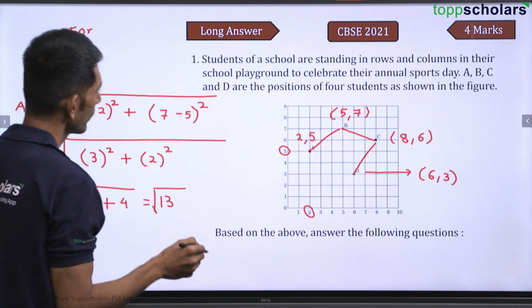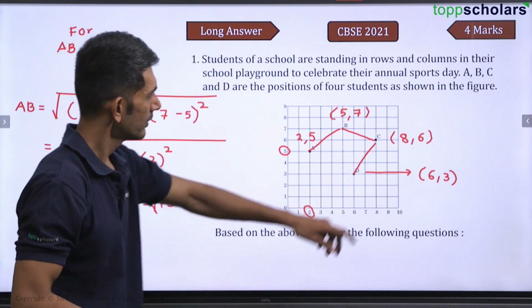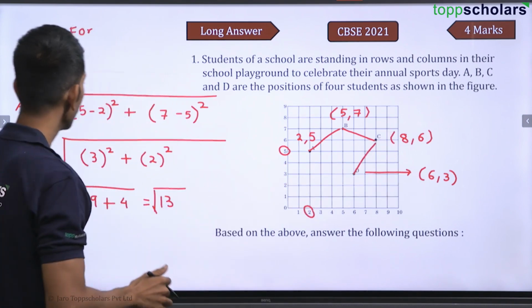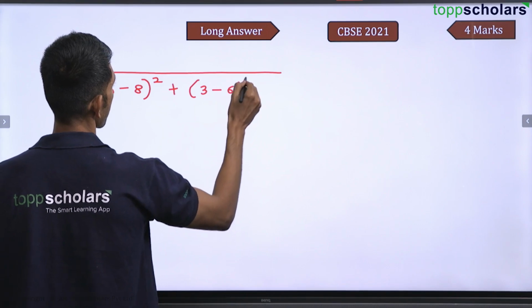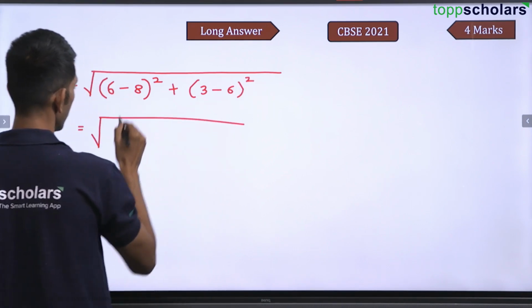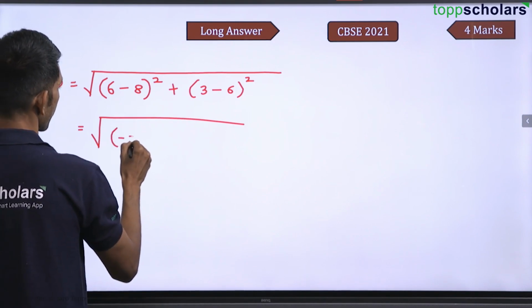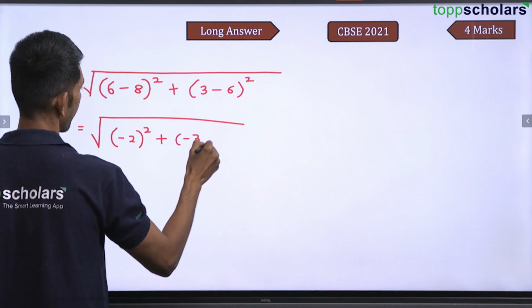That is equal to under root, 6 minus 8 is how much? 3 minus 6 is how much?